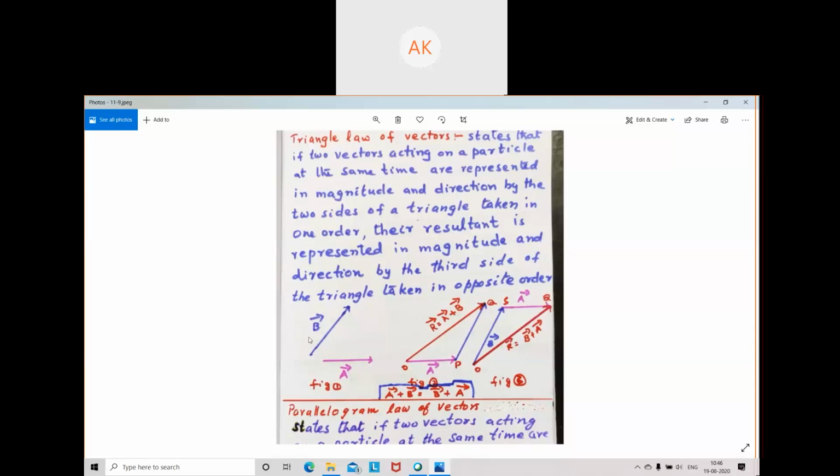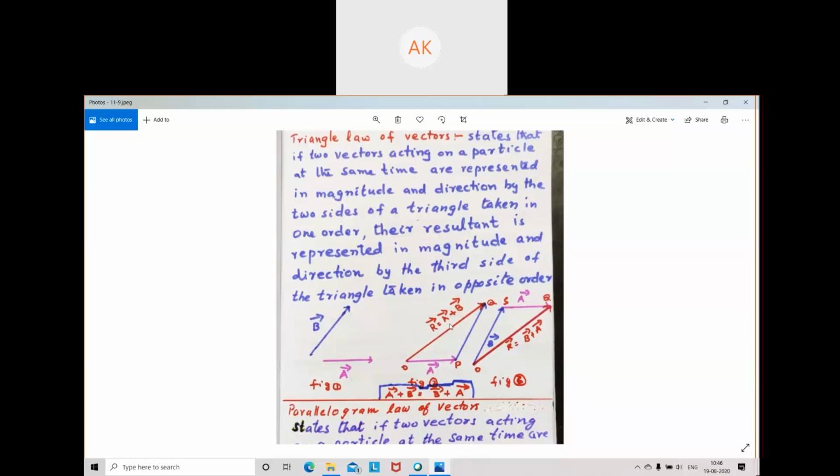They are parallel. This vector B and this vector B must be parallel. The blue colored line is vector B. Here also I have drawn blue color vector B. And A and B are drawn, join O to Q. That will give the resultant of A plus B.